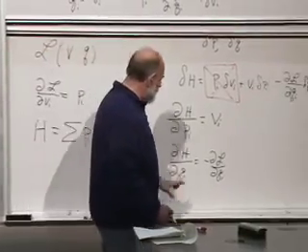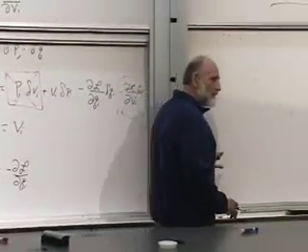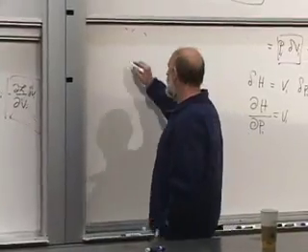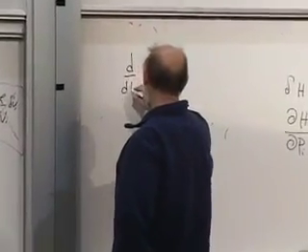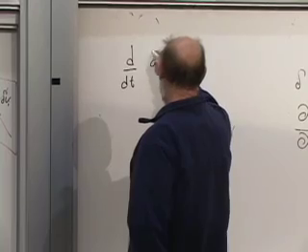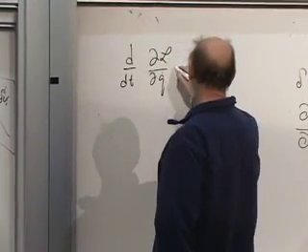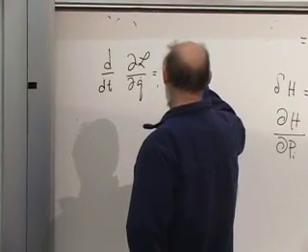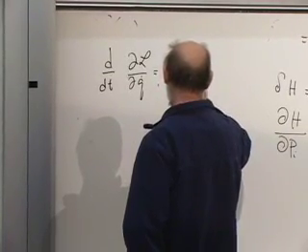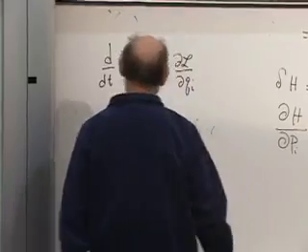Okay, let's write down Lagrange's equations over here. d by dt of dL by dq sub I dot is equal to dL by dq sub I. That's Lagrange's equations.